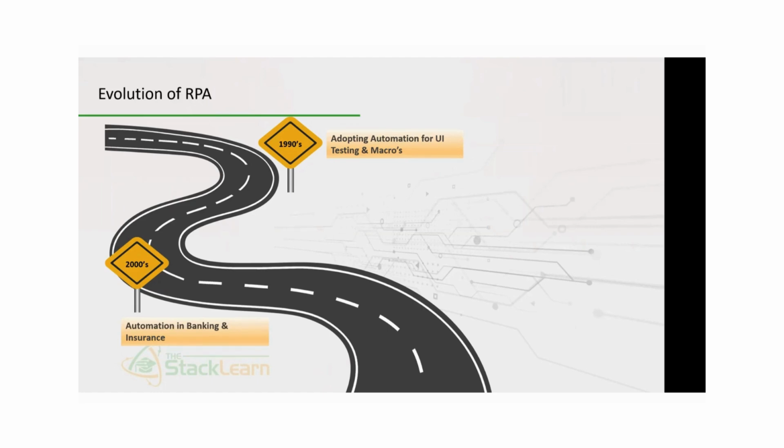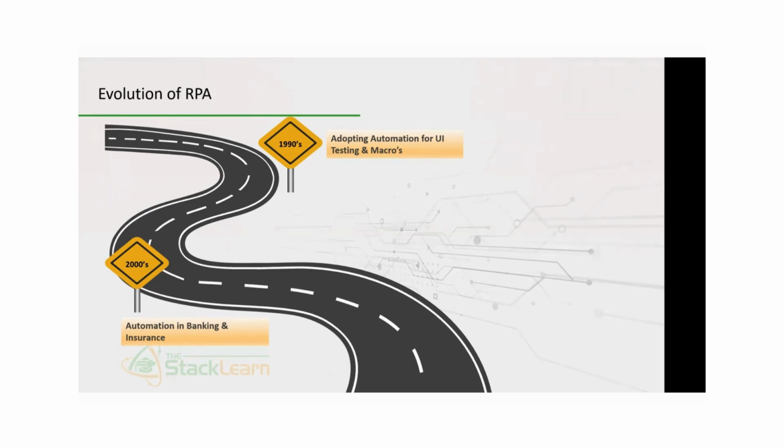But in 2000, that is where RPA came into place, where they implemented screen scraping technology. Screen scraping or data scraping, these are two words which you hear in UiPath a lot. On a day-to-day basis, you will have to use data scraping or screen scraping methods, which extract the information present in a web page or any application.